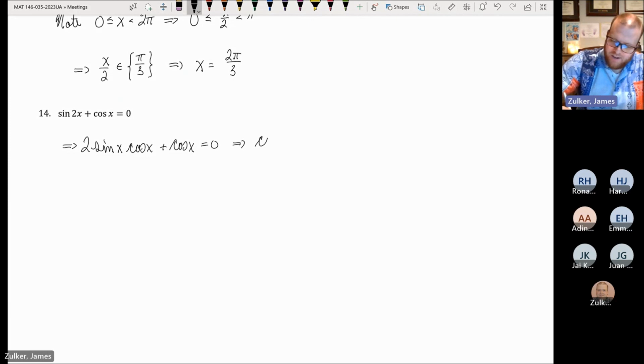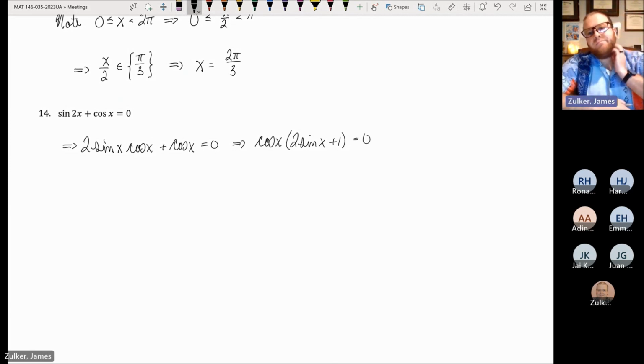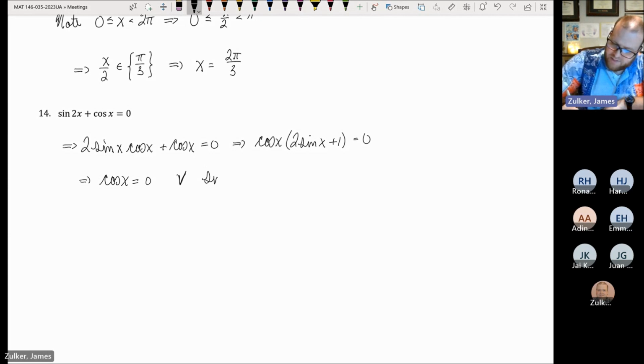Now factor out a cosine. We get cosine of x is 0, or sine of x is negative 1/2.